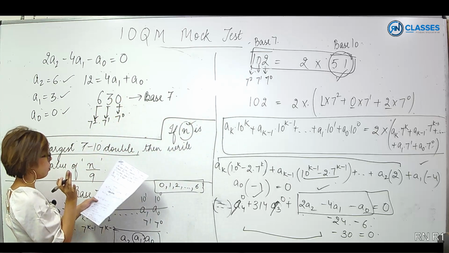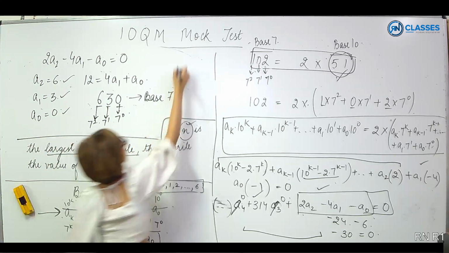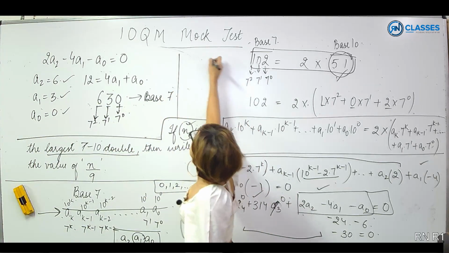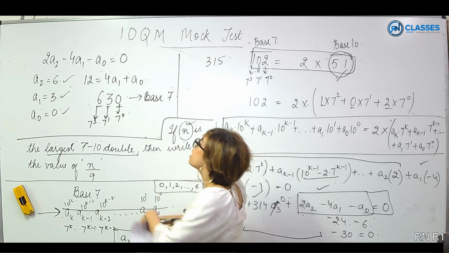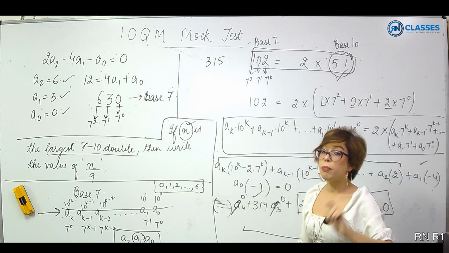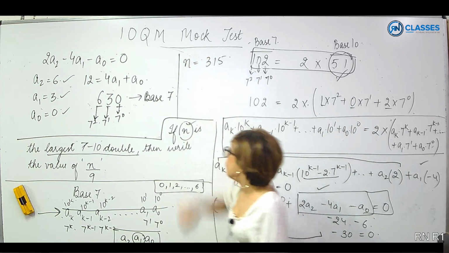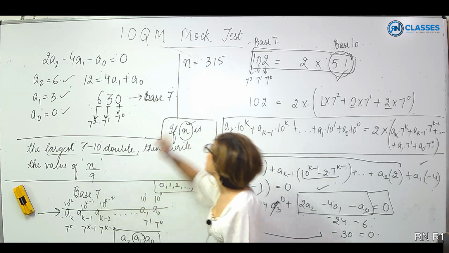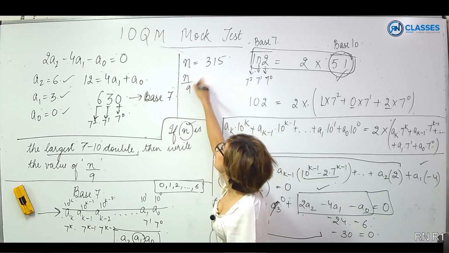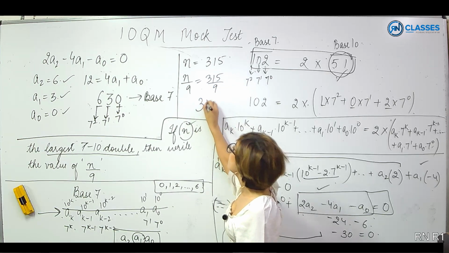Once you do the placeholder, the number turns out to be 350. When I convert this number into the decimal system, it turns out to be 350. That means this is my n. Now n is established, I want n by 9. So obviously I want 350 by 9. That is why the answer is number 35.